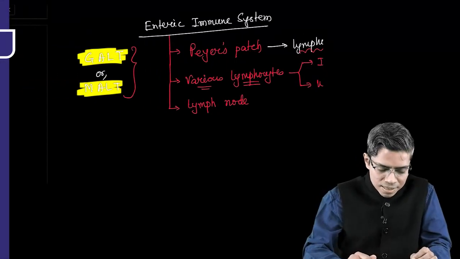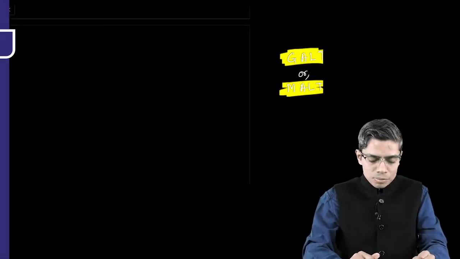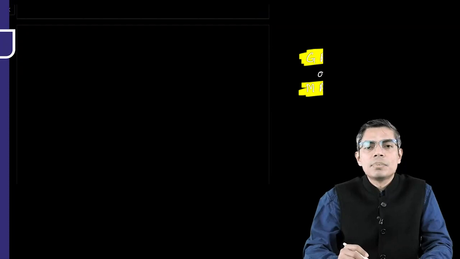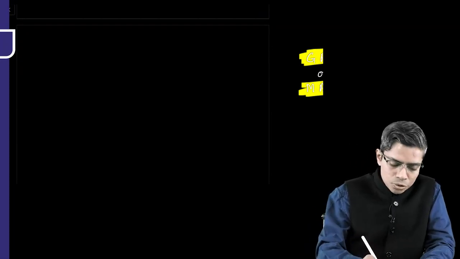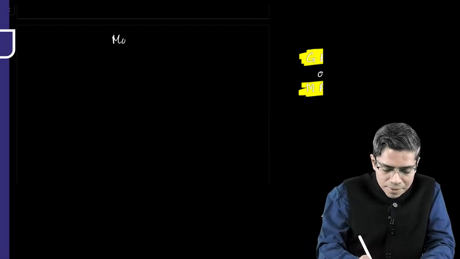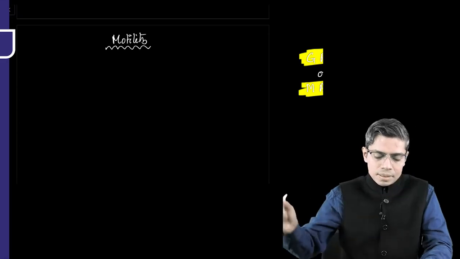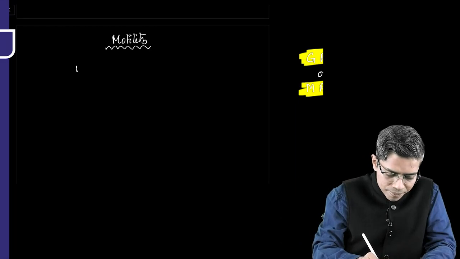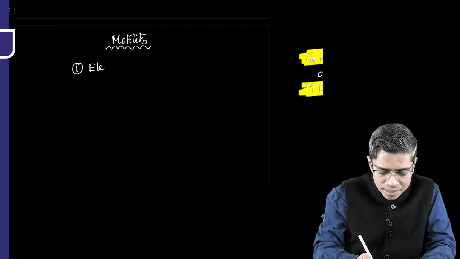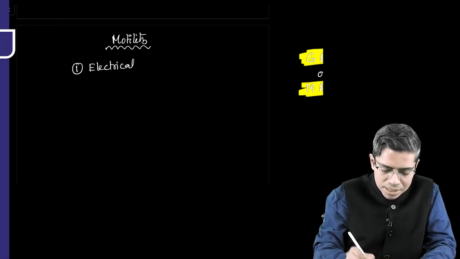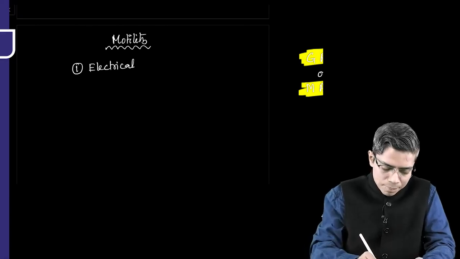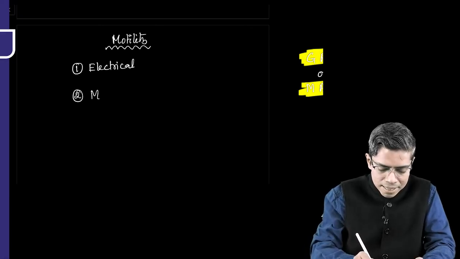Now after discussing this structural part, we are going to discuss the actual motility of the GIT. If you classify the various motility of the GIT, we classify like this. Number one is the electrical motility of the GIT, and number two is the mechanical motility of the GIT.